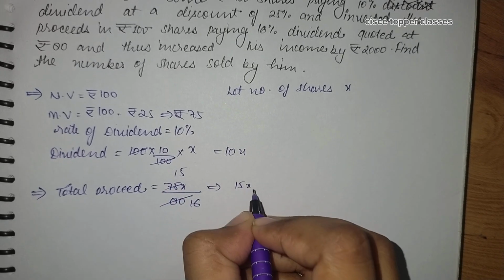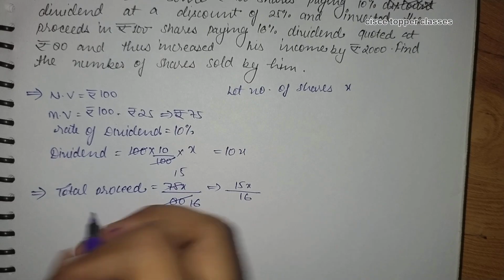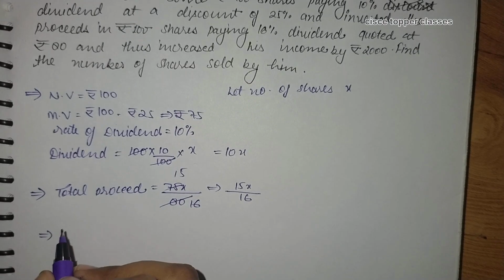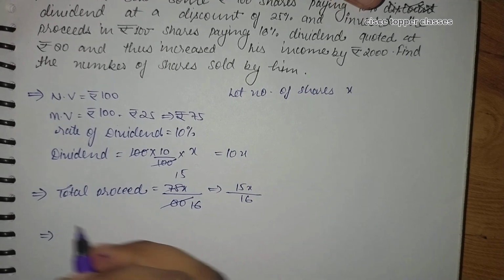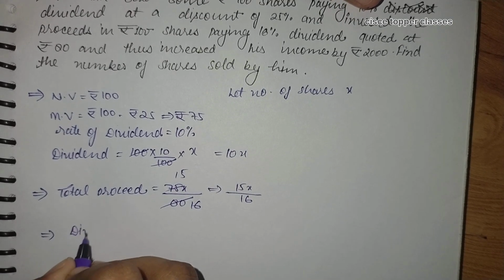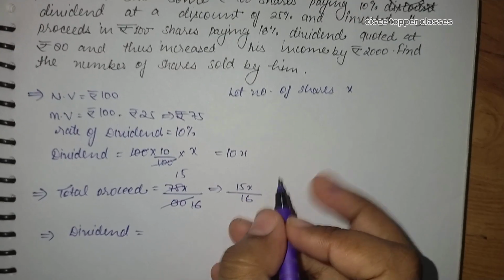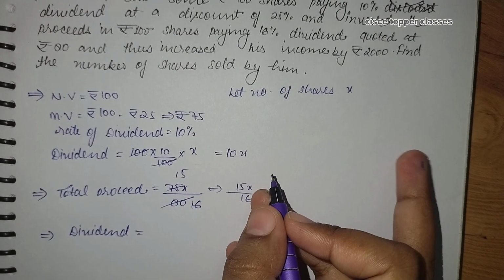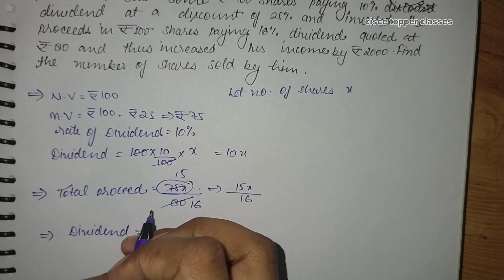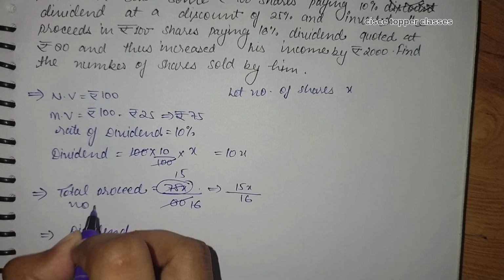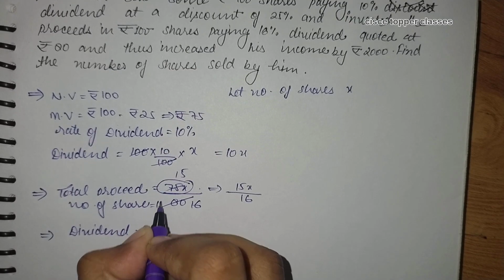So 15x divided by 16 is the number of shares. Sorry, we found here total proceed is 75x, but here we have found the number of shares. So number of shares is equal to 15x by 16.